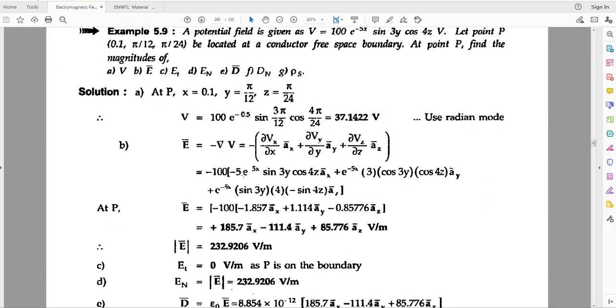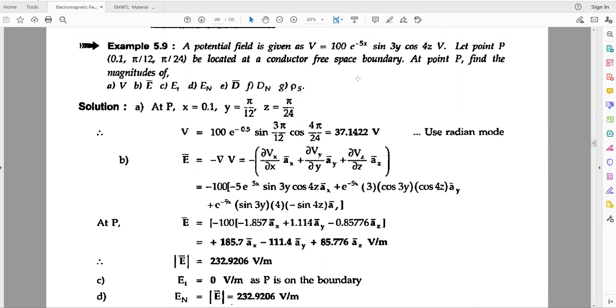See, these are related to the boundary conditions. A potential field is given: V is equal to 100 e power minus 5x sine 3y cos 4z, the voltage in terms of x, y, and z.